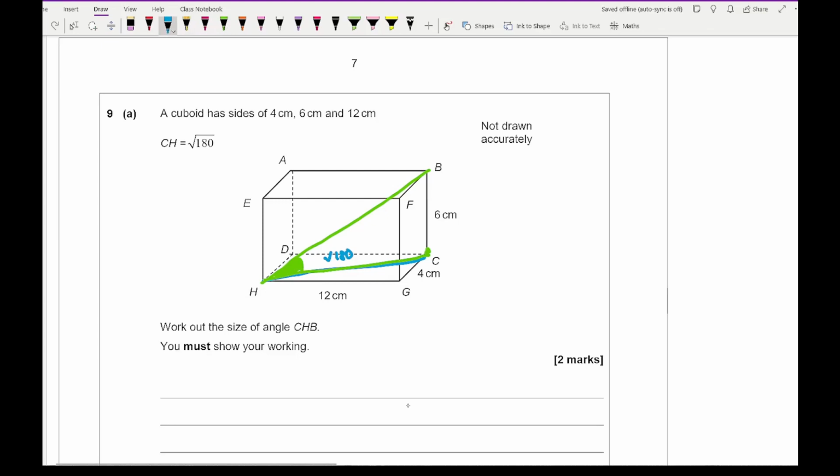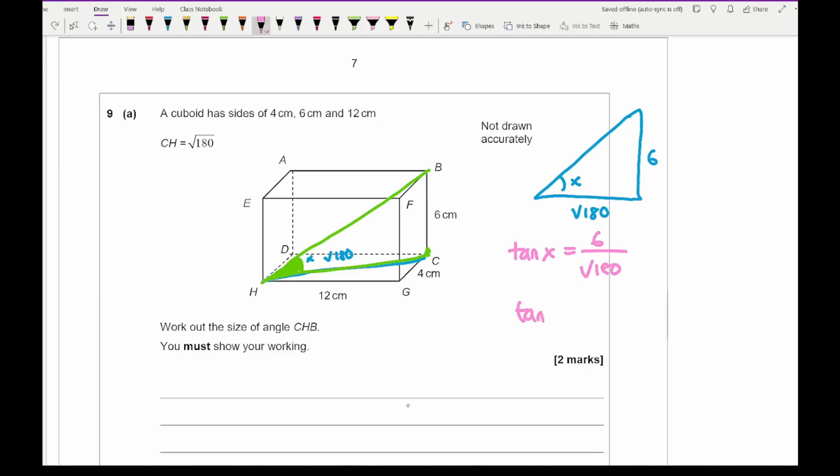So if I start by labeling that as x. Now if I take that triangle out, then what I end up with is x, this length here is root 180, and the height of that triangle is 6. So using tan, I've got tan x equals 6 over root 180.